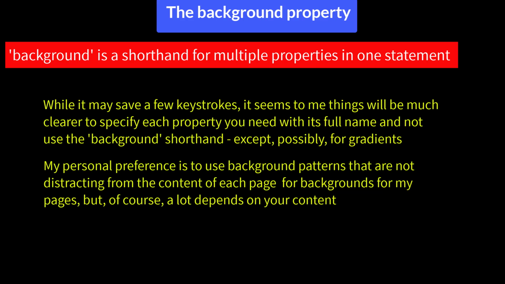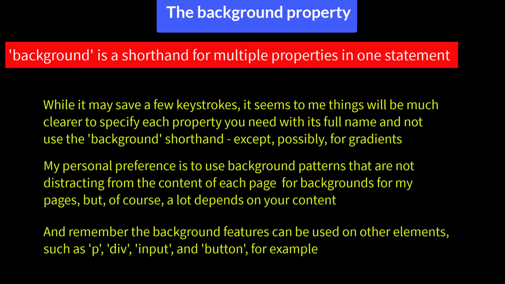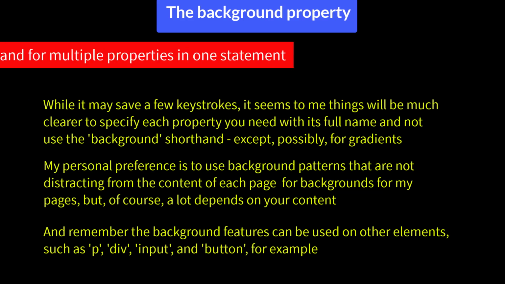My personal preference is to use background patterns that are not distracting from the content of each page for backgrounds for my pages. But of course, a lot depends on your content. And remember, the background features can be used on other elements, such as P, div, input, and button, for example.